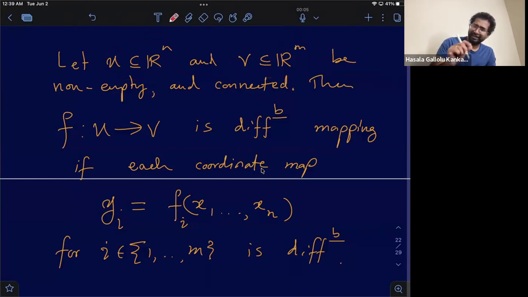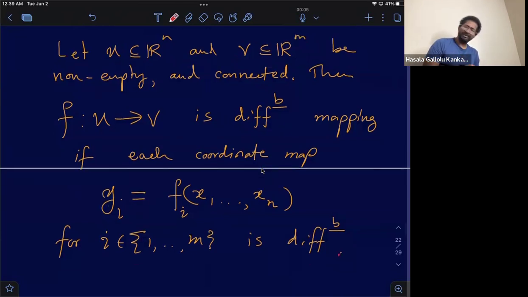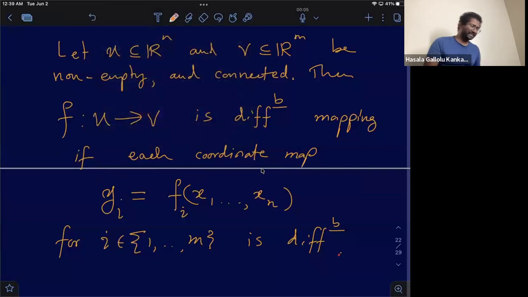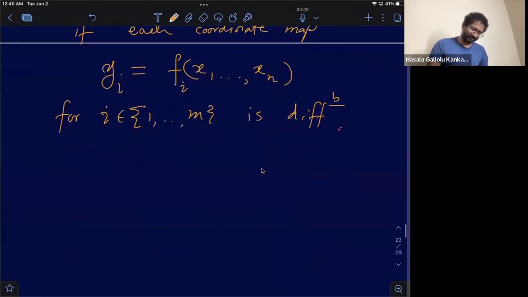When you have a function whose image is just a real number, it is much more convenient than working with multiple real numbers, multiple coordinates. That's exactly what we are dealing with in this case. This is a simple result actually. You can even prove it, but here I'm going to have it as a simple observation.